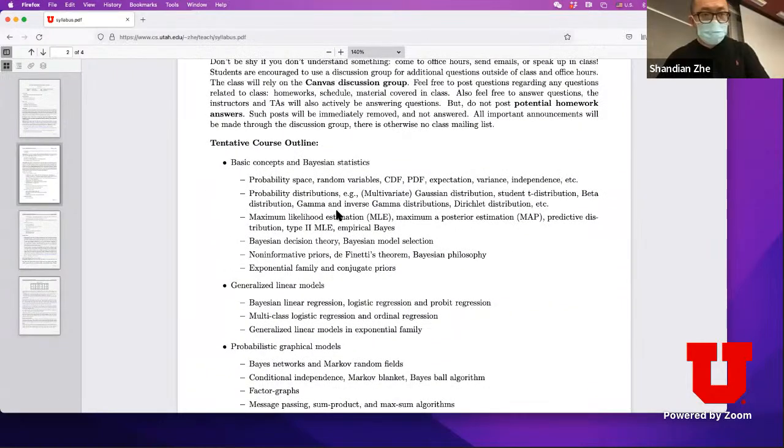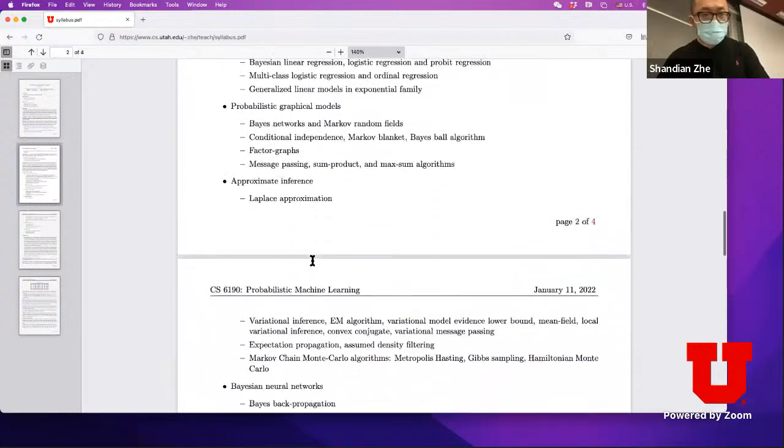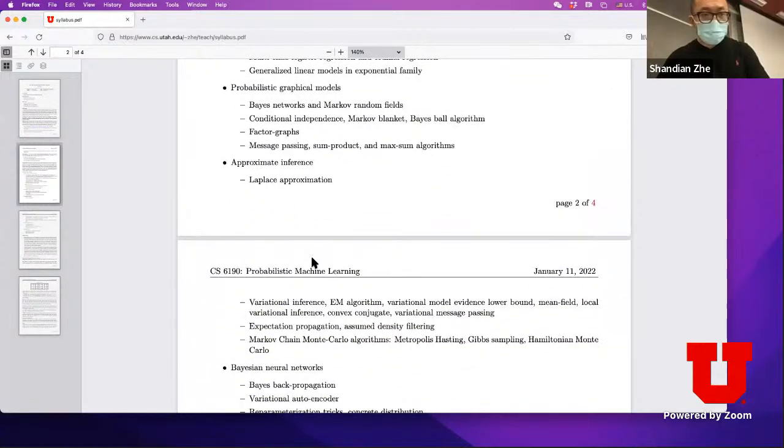Based on our time and schedule, we might not be able to cover every point we discussed so far, but the general framework is like that. We're going to talk about the basic concepts as our building bricks, and then gradually introduce different models and algorithms, to give you an organized view of this area.